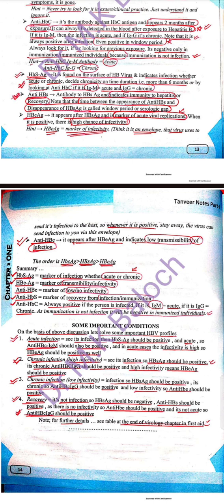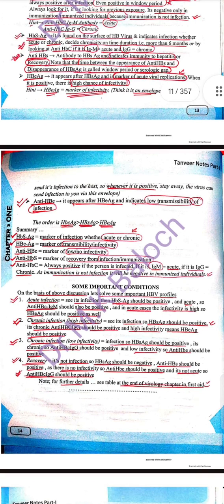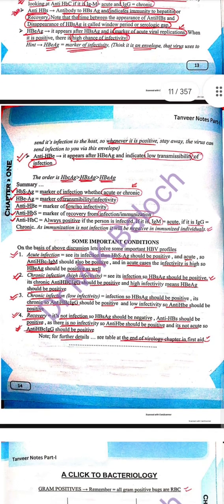And anti-HBe, which is the antibody against HBe antigen, shows low transmissibility of infection. So summary: HBs antigen is the marker of infection, whether acute or chronic. HBe antigen is the marker of transmissibility or infectivity.